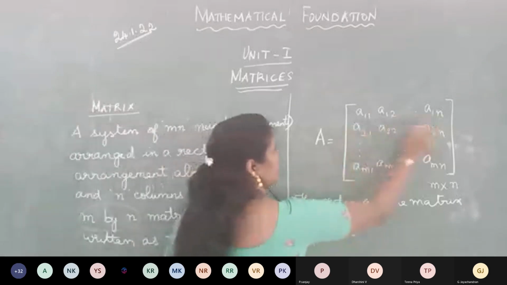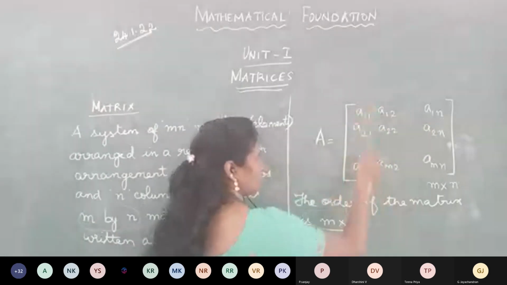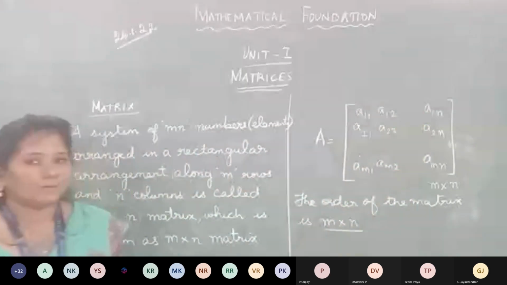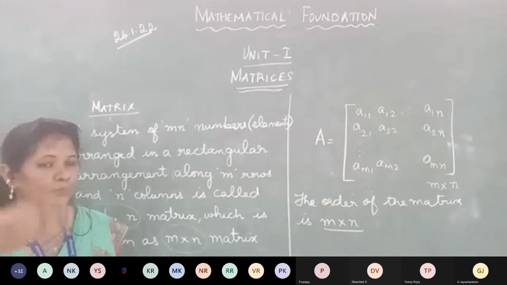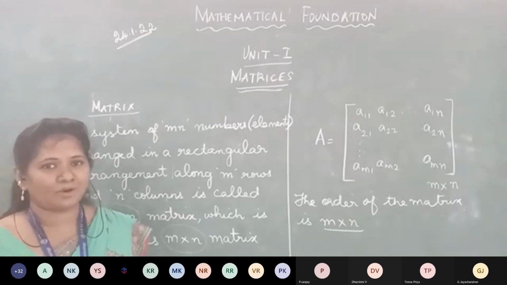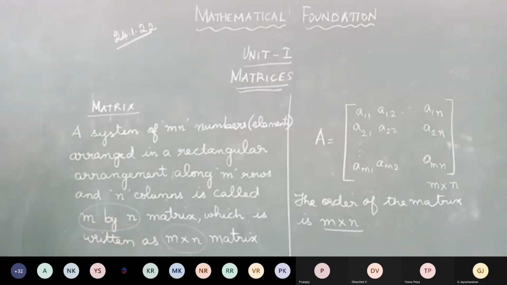Horizontal will be your rows and vertical will be your columns. Write it down. So that is your matrix.